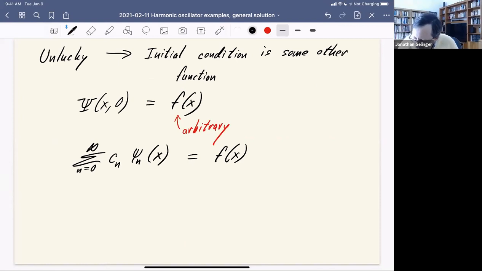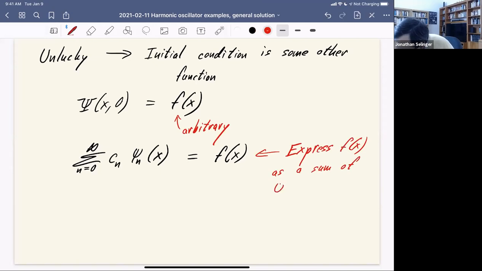That means that we are going to express f of x as a sum of the psi n functions.